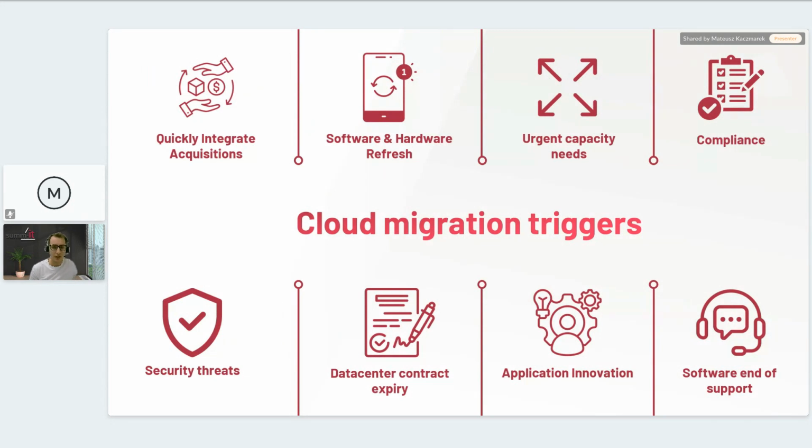These events can create a sense of urgency or present opportunities where cloud scalability and flexibility offer an advantage. So I would like to take a look at some of them. Why businesses are moving to the cloud.